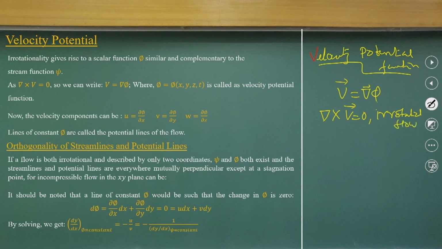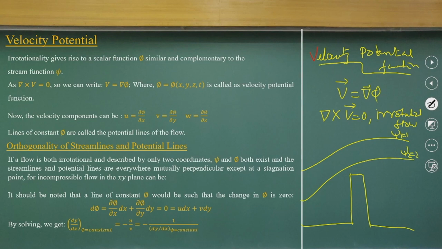So, if I go again to the same tall building and draw 2 streamlines, psi equal to 1, psi equal to 2, then we can look at this as the streamline function. Okay. So, we can have any constant value, such as I substitute 1 and 2.